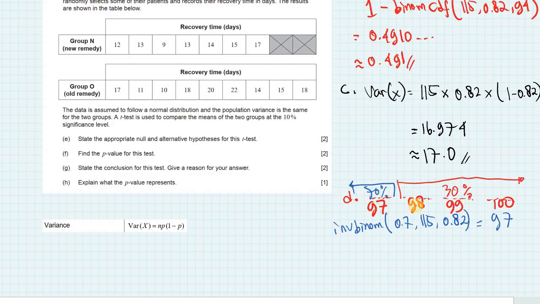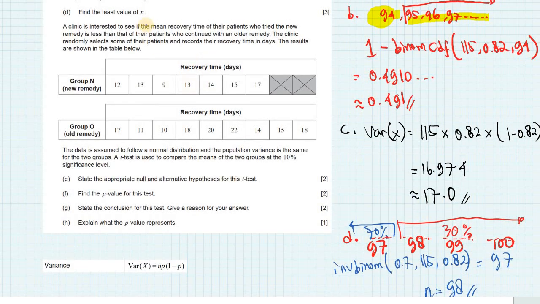The question is the least number of patients, which is 98, included in the 30%, because the 70% goes up to 97. The 30% starts from 98. So in this case, n equals 98 patients, not 97.